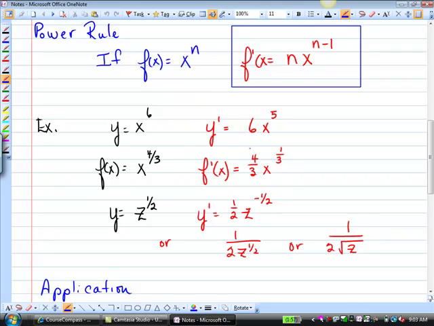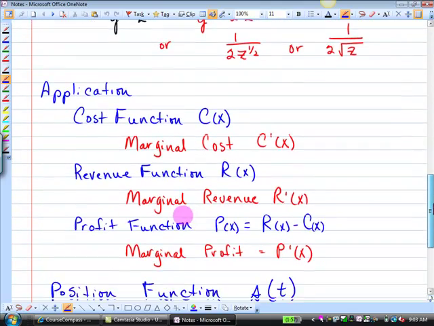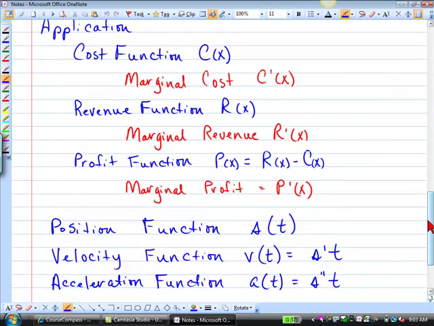All right, any questions on that rule? Okay. There's some application rules, and the red is the derivative of those things. So if you have a cost function, usually it's C of x, and so marginal cost is the derivative of that function.